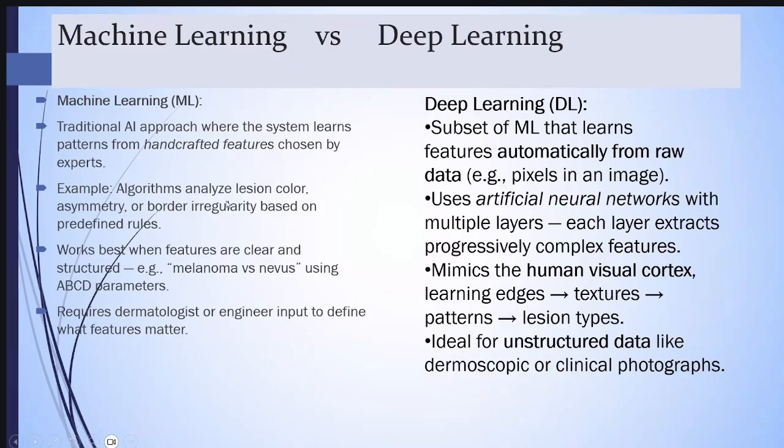And then the algorithms, they analyze the lesion color, as I told you, the ABCD of these lesions, isn't it? So it works best when the features are very clear and structured, the melanoma versus nevus using ABCD parameters. And this requires both dermatologists and engineers to give their input to define what features matter.